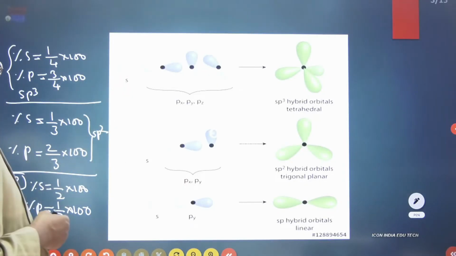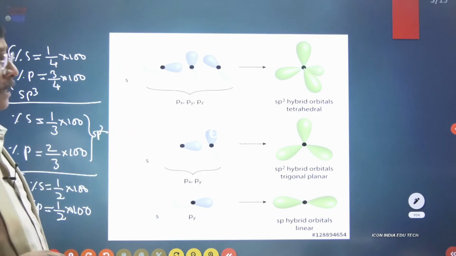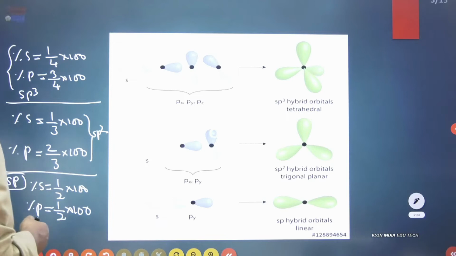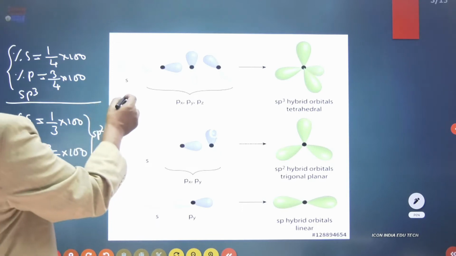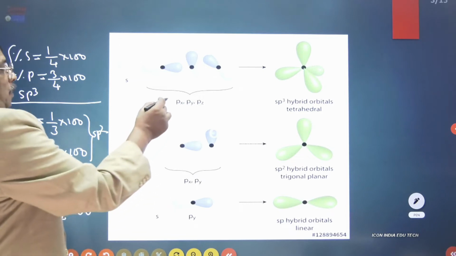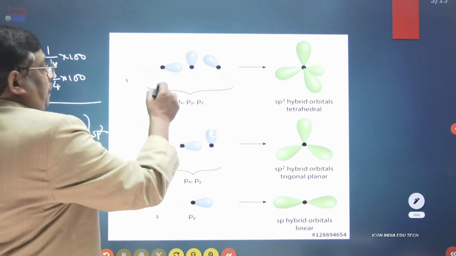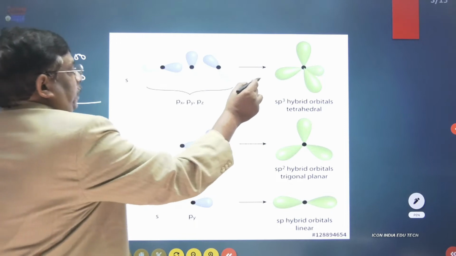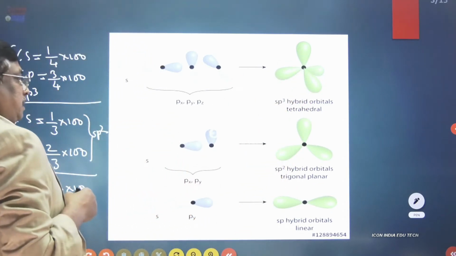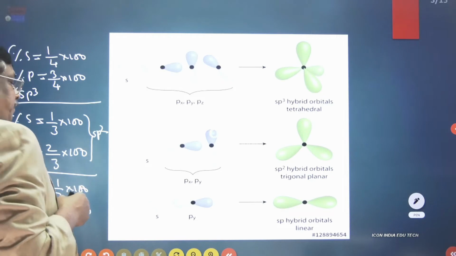Then we have various types of hybridizations: sp3, sp2 and sp hybridizations. What is sp3 hybridization? One spherical s orbital and 3 pure p atomic orbitals completely mix up to give 4 sp3 hybrid orbitals in a tetrahedral shape.